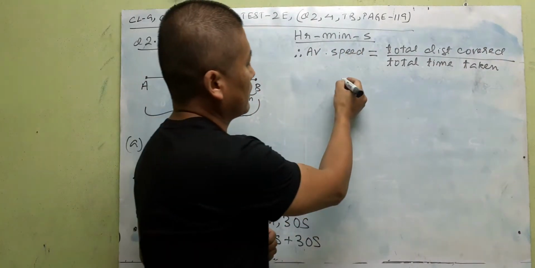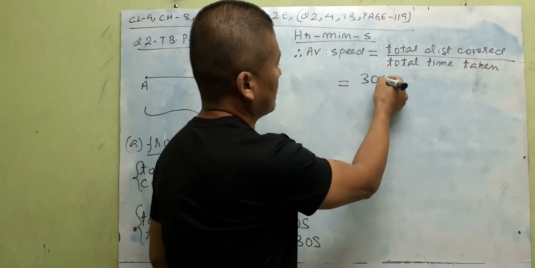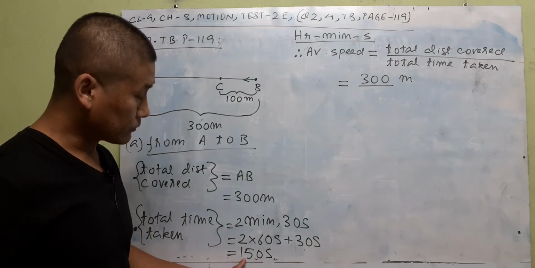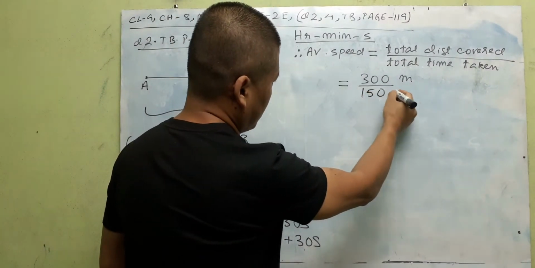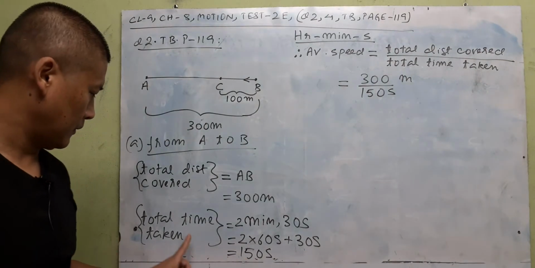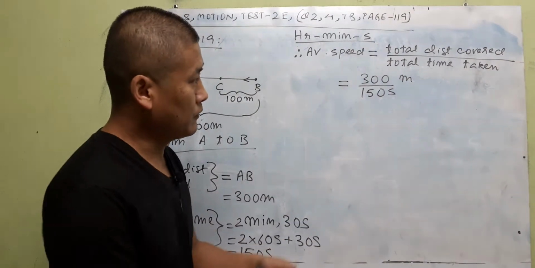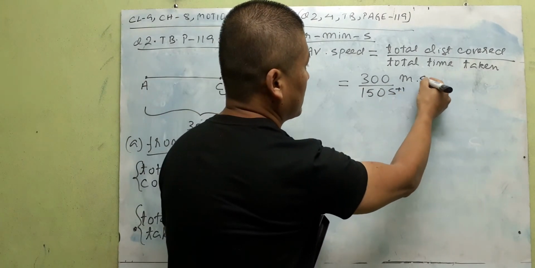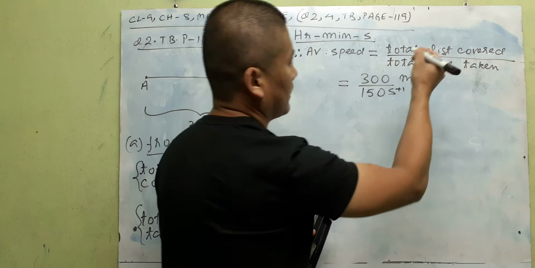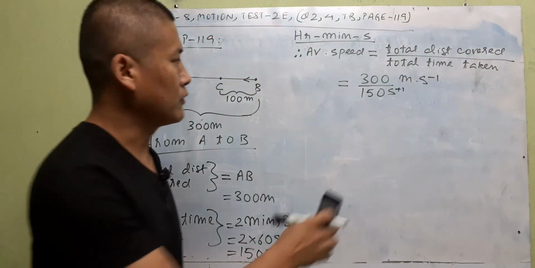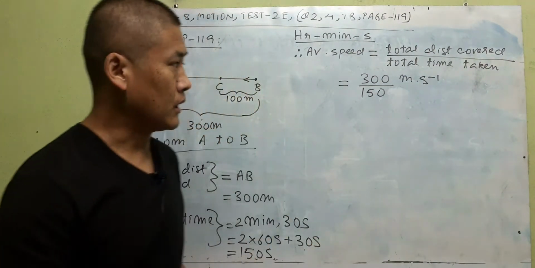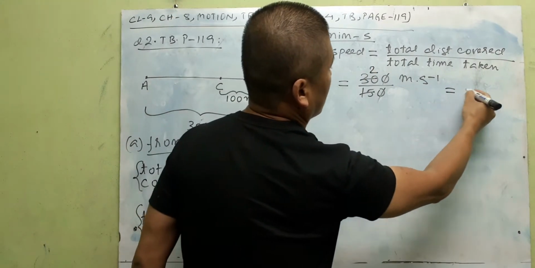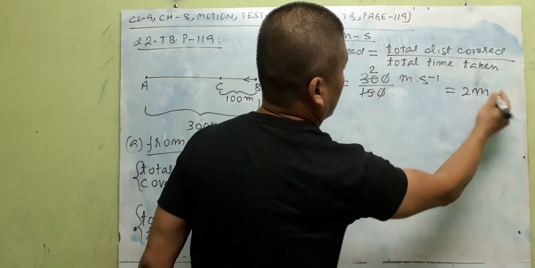So having done this, we can write here total distance is 300 meters divided by 150 seconds, total time taken. So if you shift this, the power is +1, even though it's not written. So if you shift it to the numerator, this s to the power +1 will become s to the power -1. So we may as well do it here itself. Okay, then 0, 0 cancel, 15 2s are 30. So his average speed is 2 meters per second.